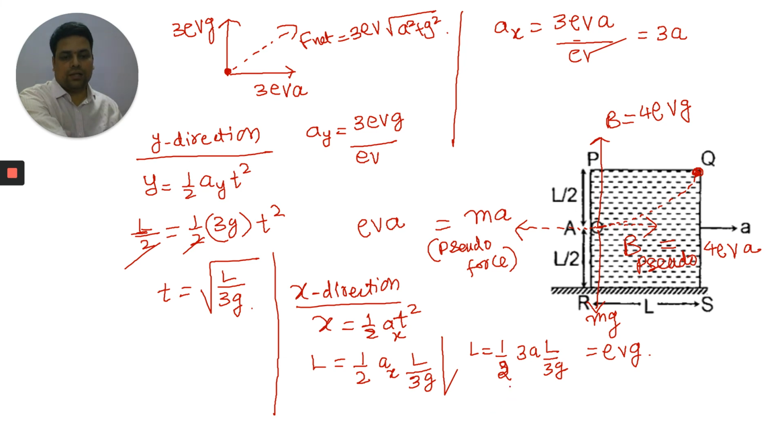So you can cancel that 3, and cancel L on both sides, and you can conclude the acceleration of the frame should be 2g. So the acceleration of the frame required so that it can reach Q is 2g in the horizontal direction, and the time it will take is root of L by 3g.